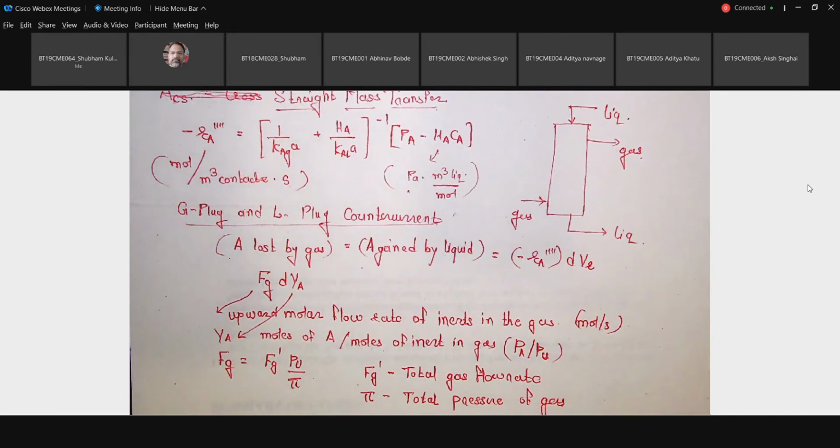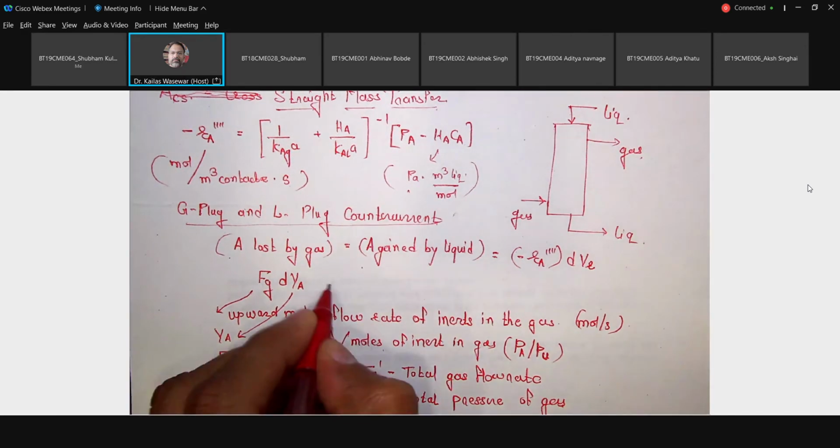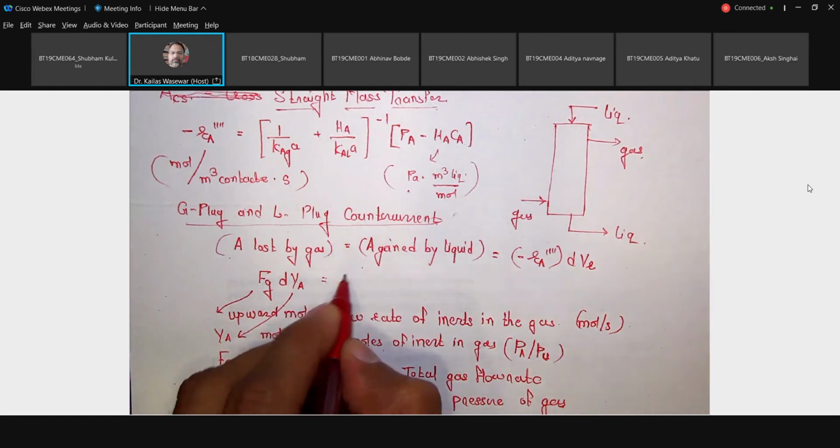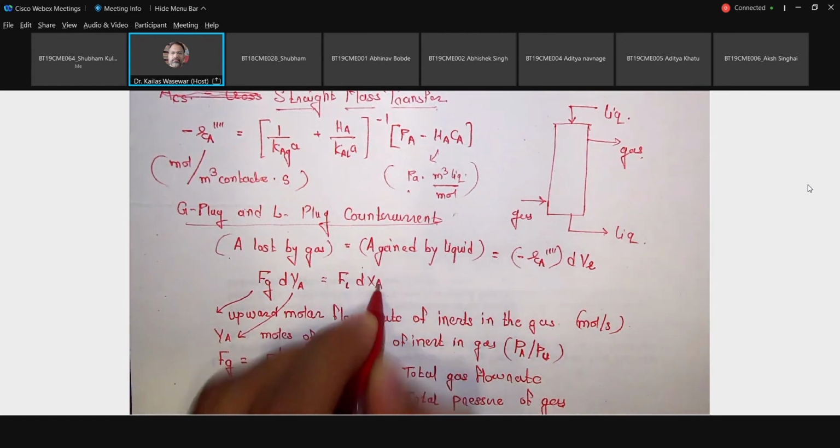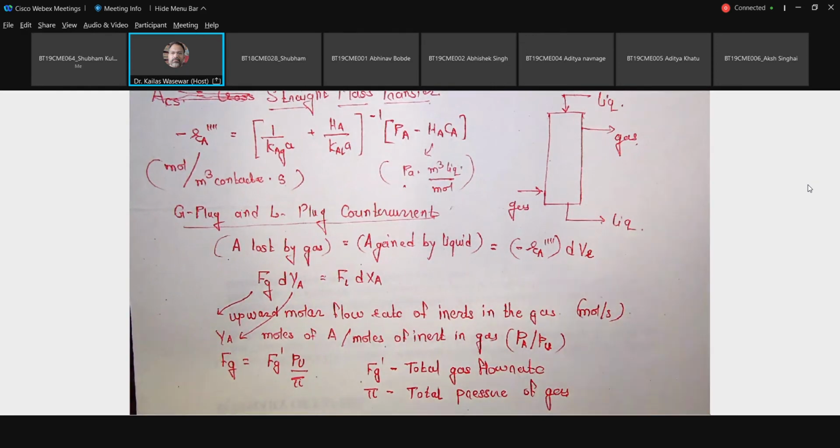So similarly, we can write it for the liquid. FL dxa. So now FL will be what?